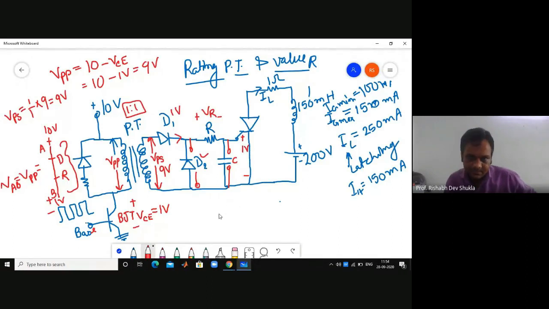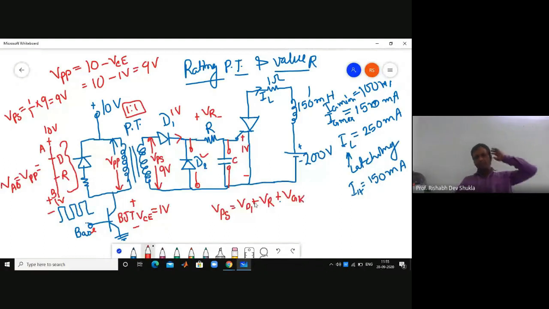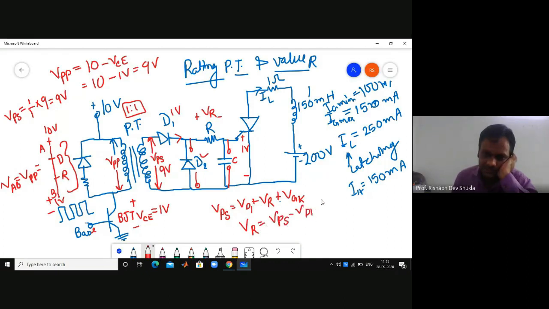So now if you write the KVL equation here for the secondary side, VPS is equal to VD1 plus VR plus V gate to cathode. So VR is equal to VPS minus VD1 minus VGK, gate to cathode.